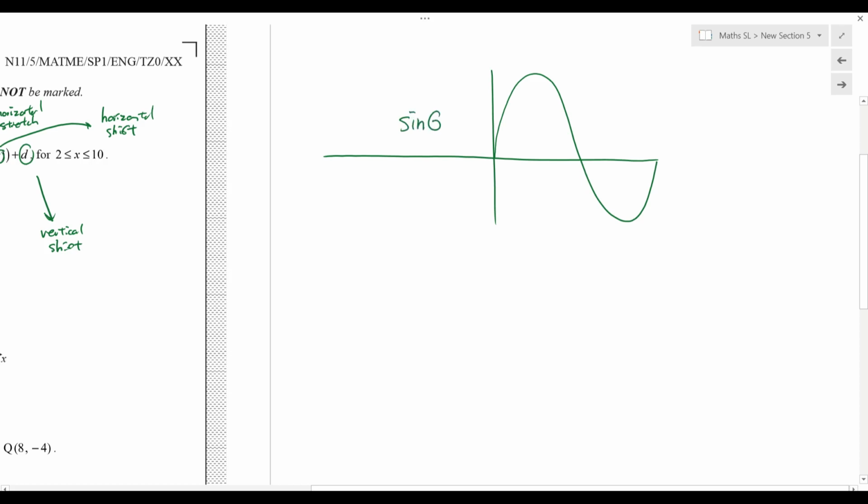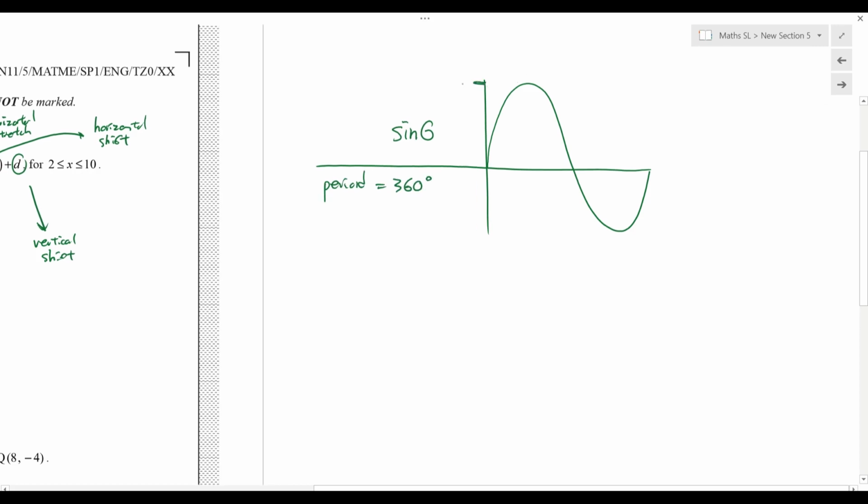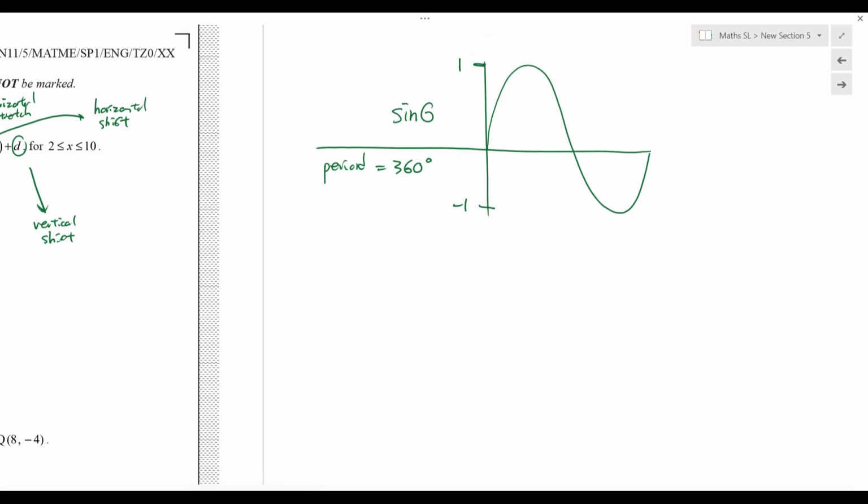In a sine theta graph, one period equals 360 degrees. We also need to know that the maximum value is 1 and the minimum value is minus 1. I'm going to show a variation of this graph and see what you can tell me.